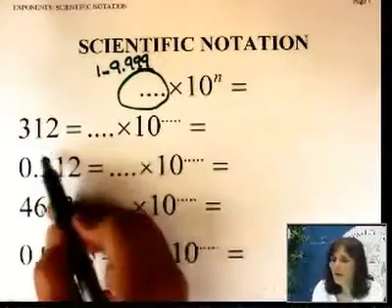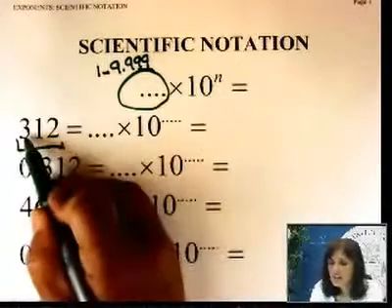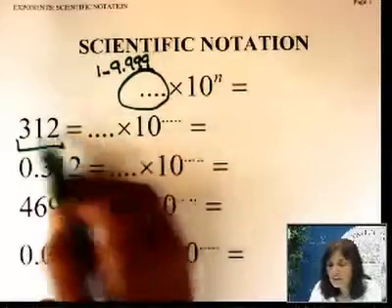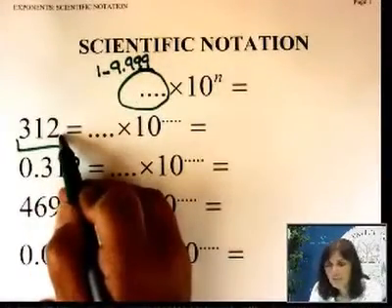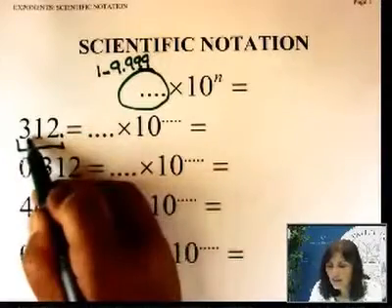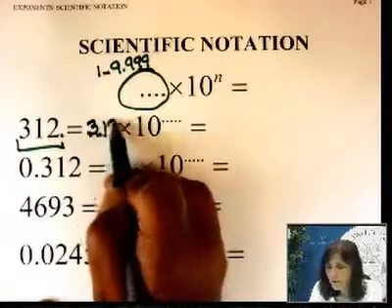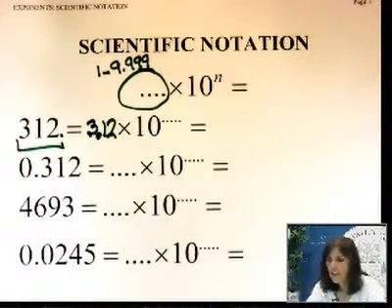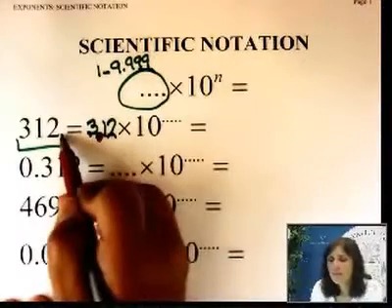How do I go from a regular standard notation to scientific notation? So this is 312. When I write it as a number, there is an invisible decimal here. I can move my invisible decimal here, and that makes it a number that's less than 10, bigger than 1. Now, my decimal used to be here.